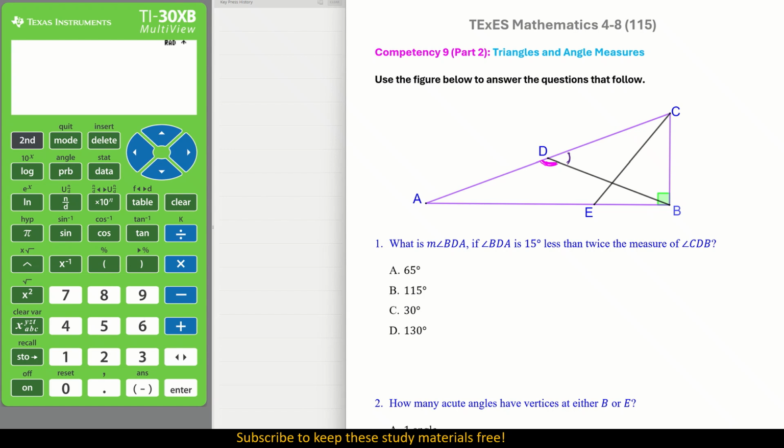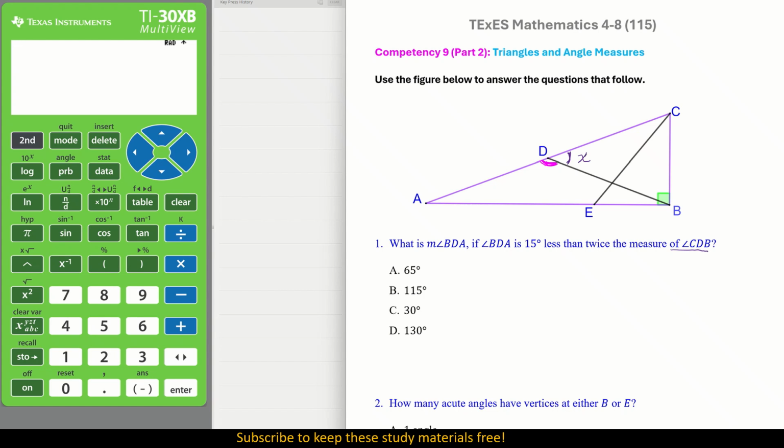Now, you need to think of it like this. If they're using another angle as a guide, like in these words, 15 degrees less than twice the measure of this angle, that means this second angle is like the original angle, the one you're going to play off of.